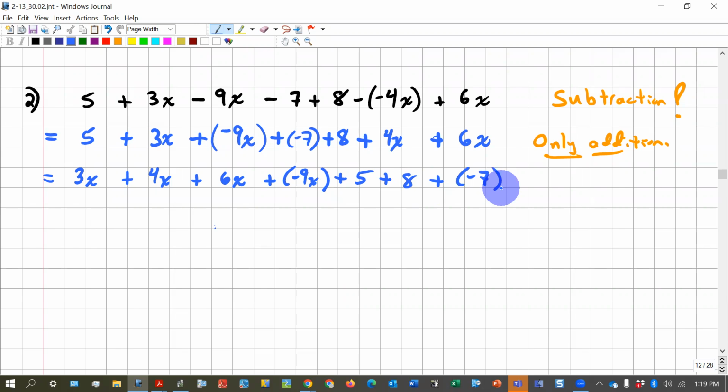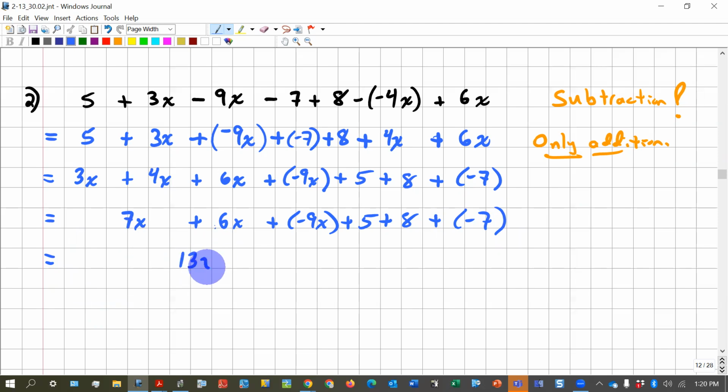And then again, for now, we'll do one addition at a time. 3x and 4x is 7x. Copy everything else down on the paper, going directly down as best you can. 7x and 6x, that would be 13 of them. Copy everything else.